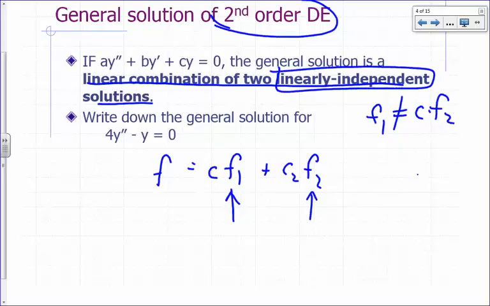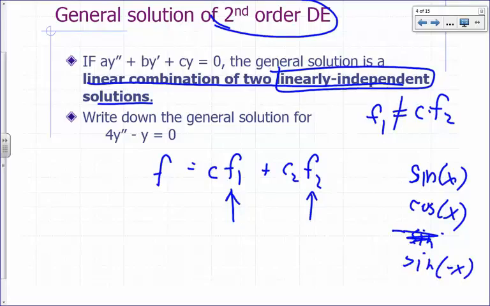So, for example, sine x and cosine x, are those linearly independent? Can I write sine x as just some constant times cosine x? No, so those are linearly independent. But what about sine x and sine of negative x? Are they linearly independent? They're not independent, right?